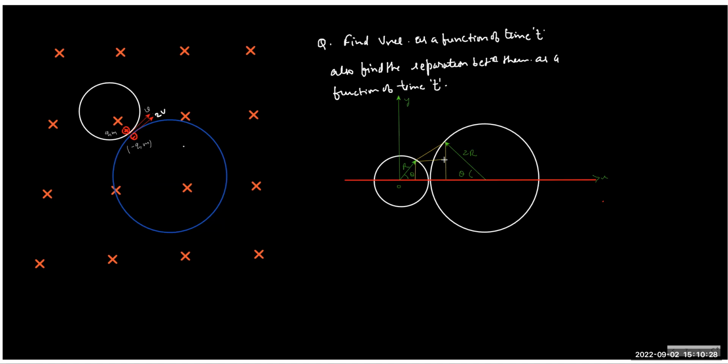This you can find, right? Using Pythagoras. Yes, sir. So 2r sin theta, so this is r sin theta, right? Yes, sir. But what is this value? If I say x, it will be 3R minus, correct? Very good. 3R into 1 minus cos theta, 3r minus 3r cos theta, right? Oh, sorry, cos theta. Yes, sir.